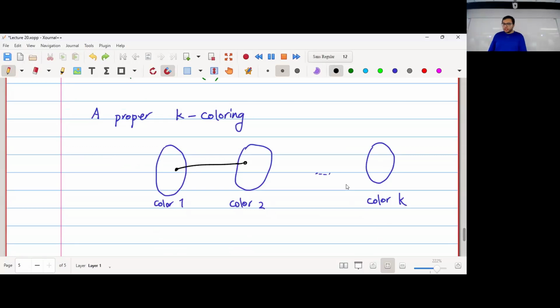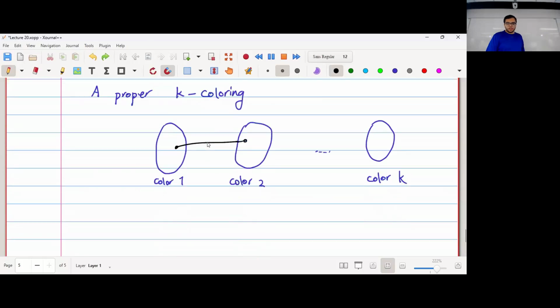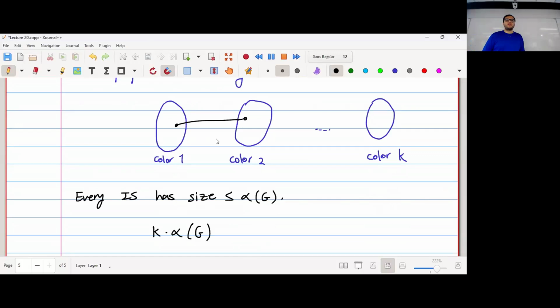Okay. So how big is each of my independent sets? Well, alpha was supposed to be the size of the largest independent set, right? So every independent set has size alpha or less. Okay, so all of them together are going to have a size of at most k times alpha, right?